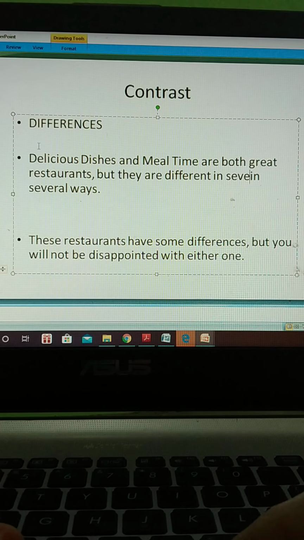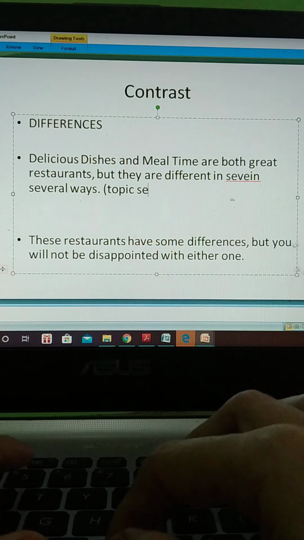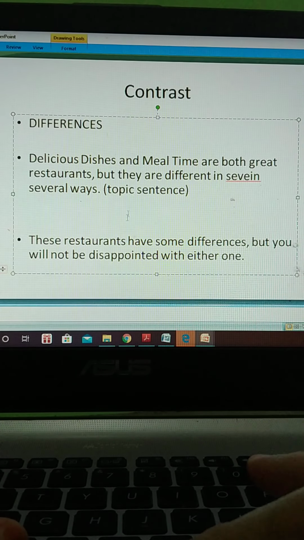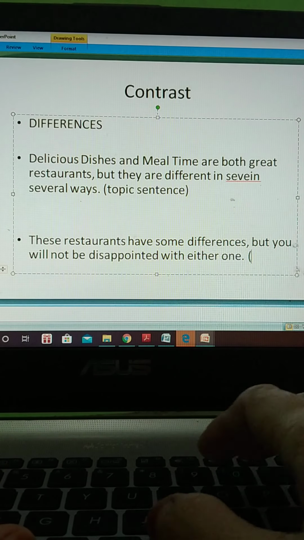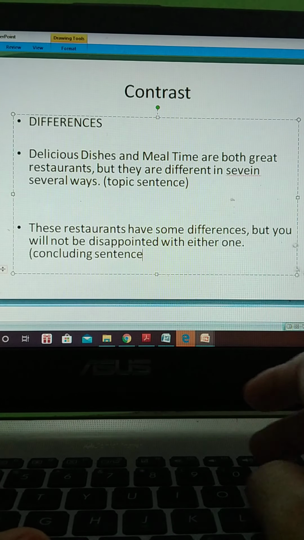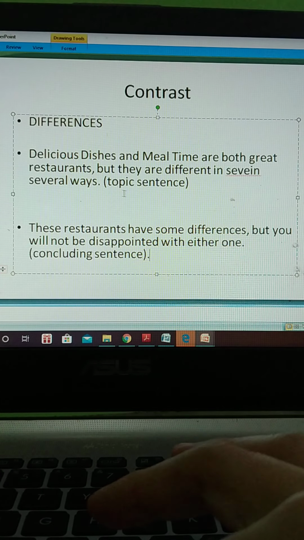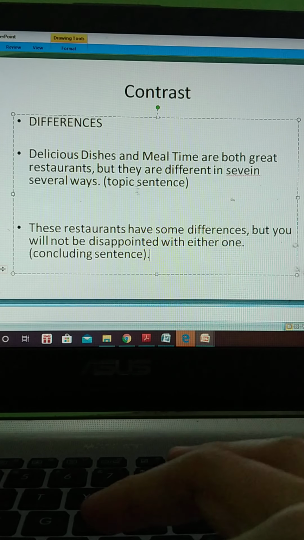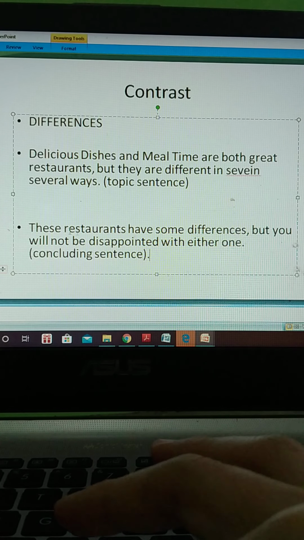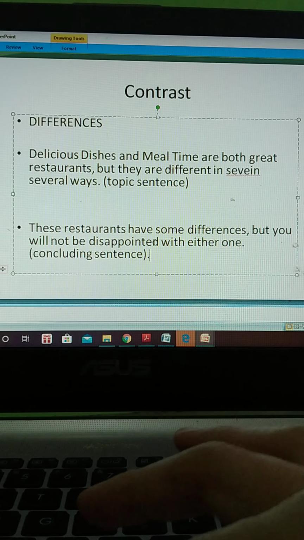This is the topic sentence, and this is the concluding sentence. I think you still have a problem in making the topic sentence and concluding sentence relevant, as we can see in your previous exercises.